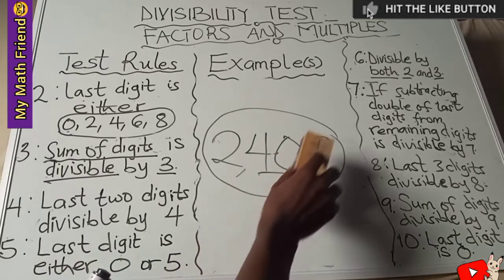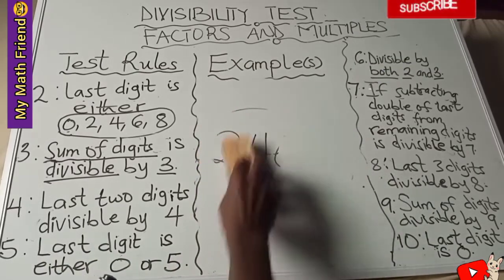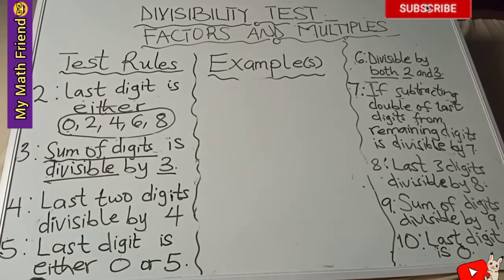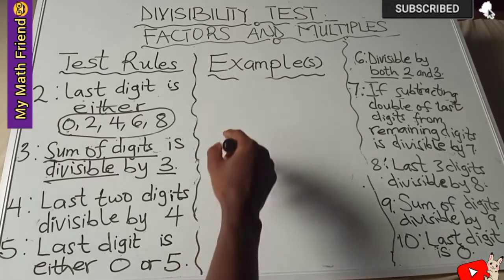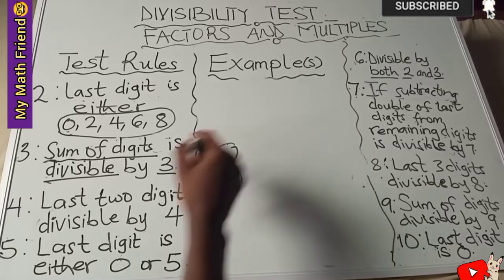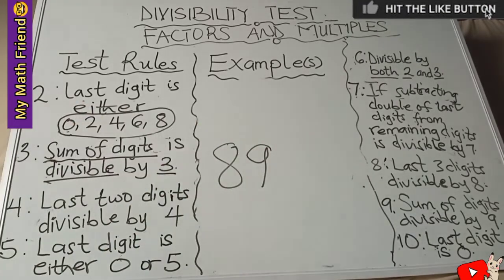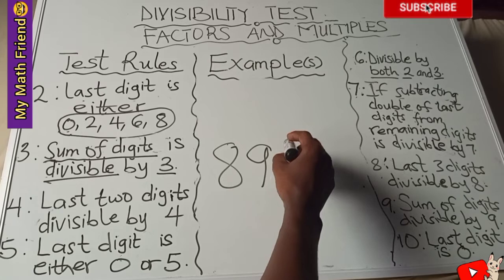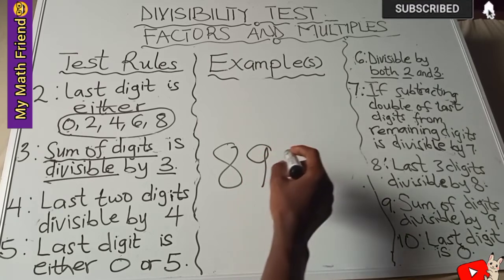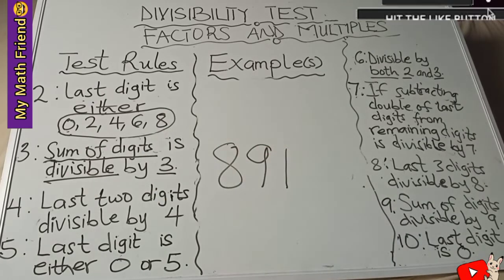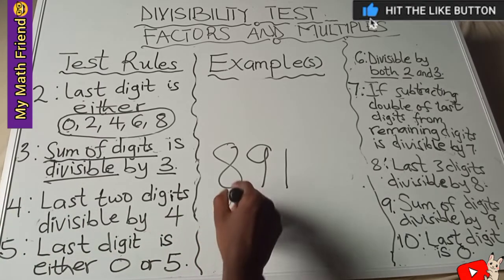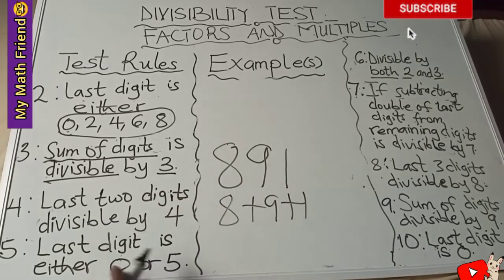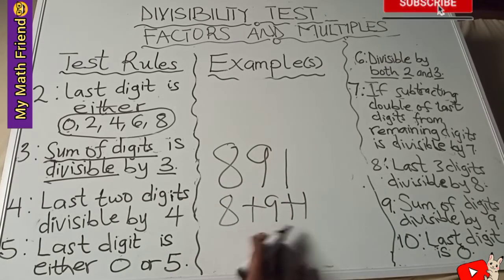Okay, so can we use the same example? You have 8, 9, so 8,891. Very well. Let's sum the digits up: 8 plus 9 plus 1 plus 8 plus 9, 17, plus 1 is 18.